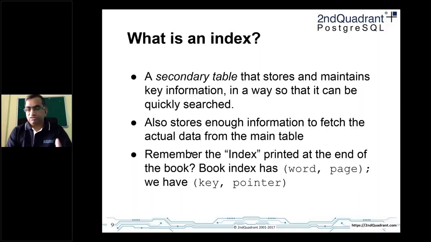So a book has word and page. What we have in a database is key and a pointer. The database would tell you that for a given key, what are the places where you can find this particular key. So that's the basic structure of an index, irrespective of what sort of indexing method is used. That's a very high level summary or architecture of any indexing method.